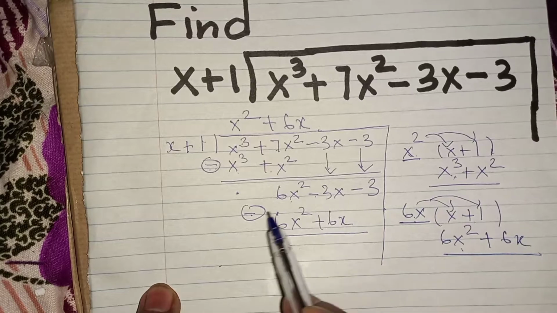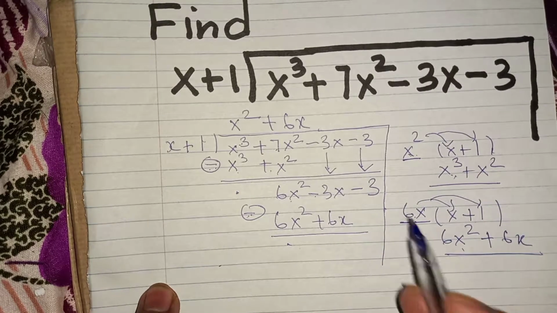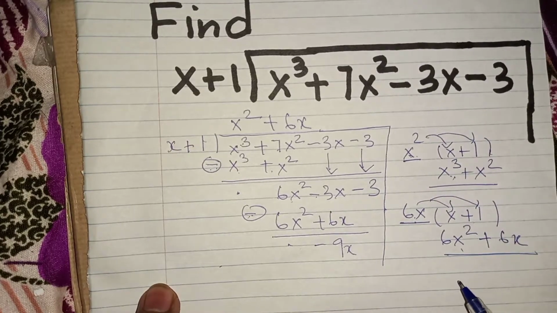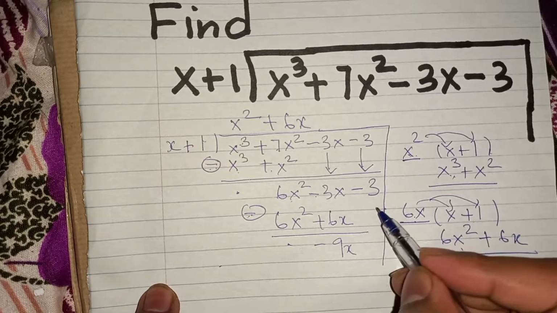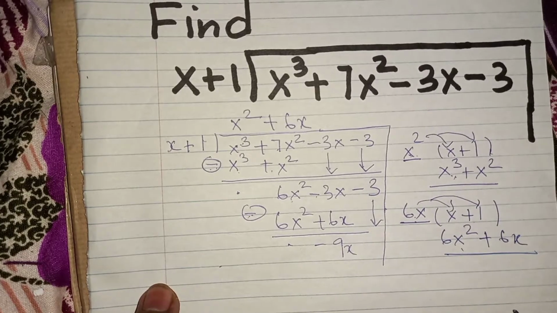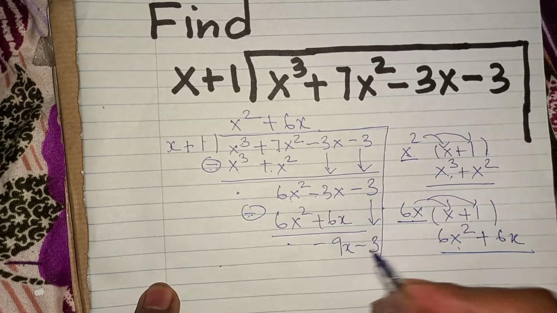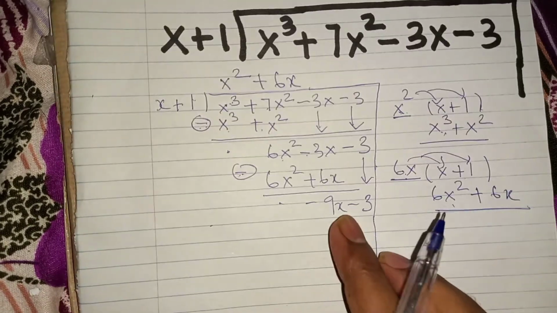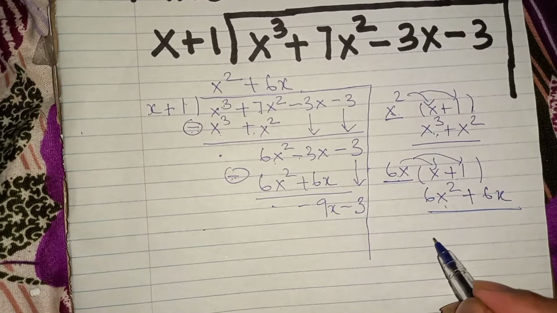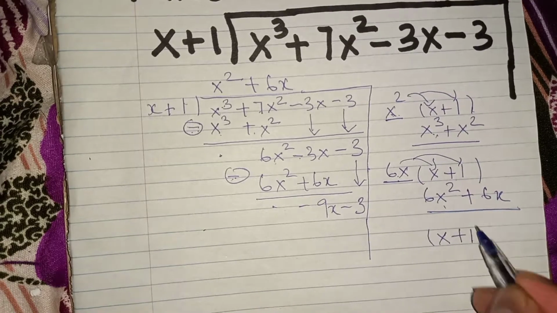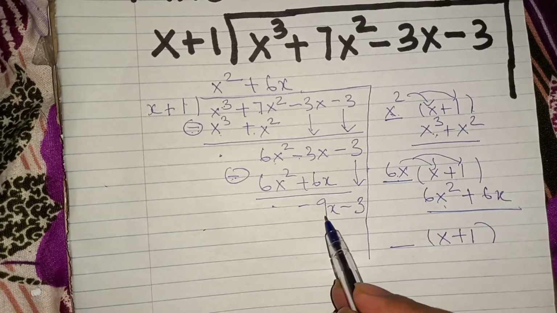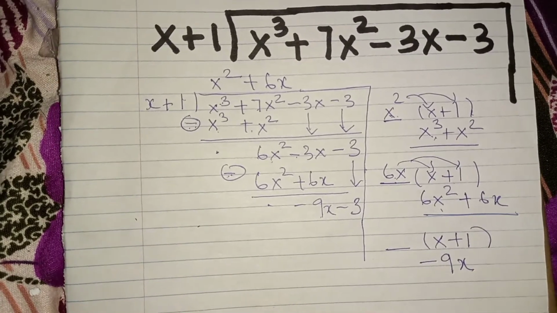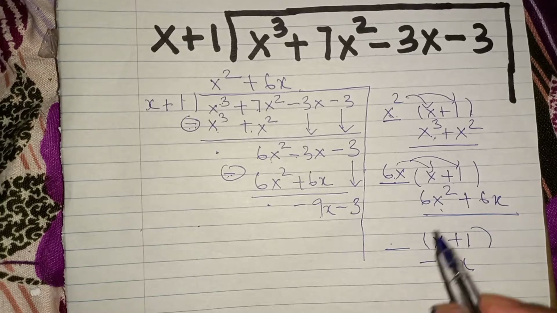Minus 3 minus 6 is minus 9x, and this comes down, minus 3. Now move on to 9x. You have your factor x plus 1. Now you need minus 9x. So what is going to go here?